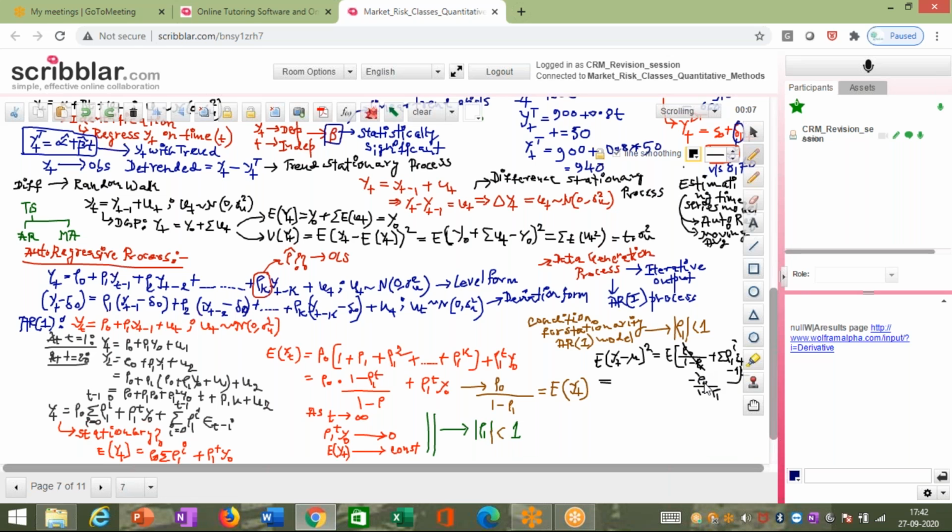So both these two parts cancel out, and we are left with this one: the summation of rho 1 to the power i, e at t minus i, the whole square.